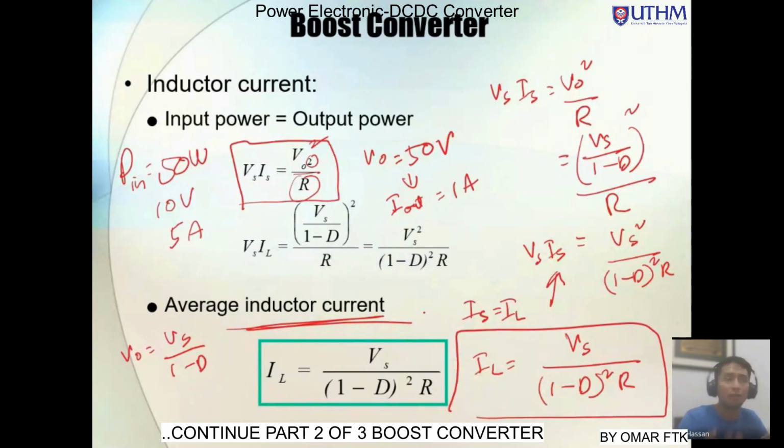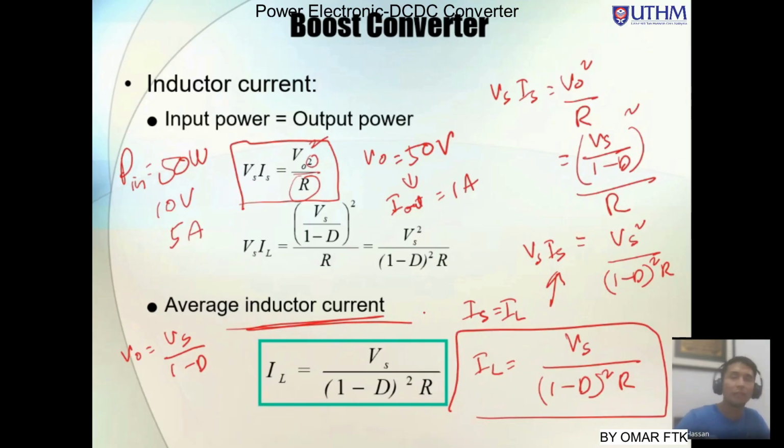That depends on our power requirement, our current in our boost converter, and the type of application that we want to use, how much frequency that we want to use. So that one we need to decide when we design our boost converter.